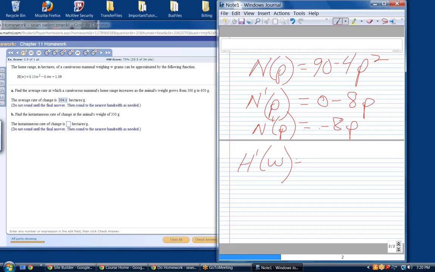So it's going to be 0.22 W. Okay, use the same rule on this. Multiply by 1, and then you're left with W to the 0, which is just also 1. In other words, when you take the derivative of a linear function, it's just the coefficient, minus 0.4. And when you take the derivative of this constant, it's 0. So this is our first derivative function.